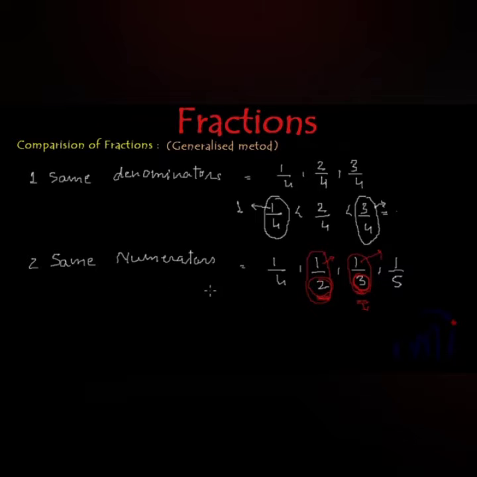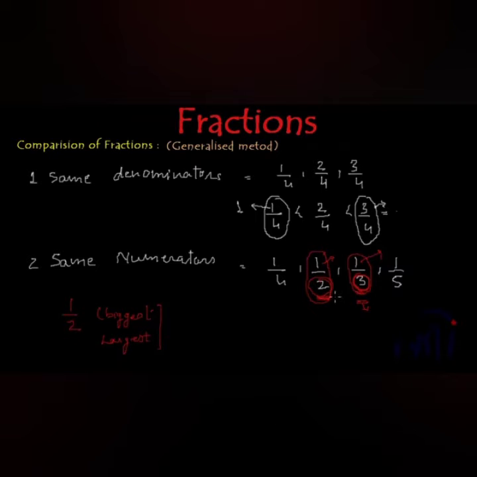So when we have same numerator and different denominators, the fraction which has the lowest denominator, like in this case 1 by 2, will be the biggest or the largest, and the fraction which has biggest denominator, like 1 by 5, this will be smallest in the value, right?